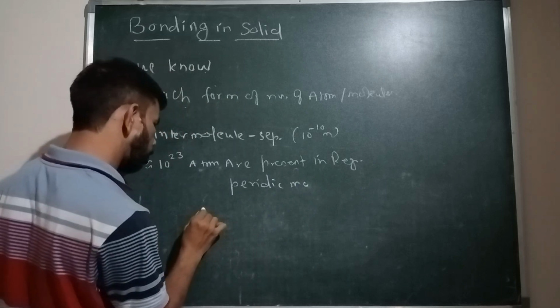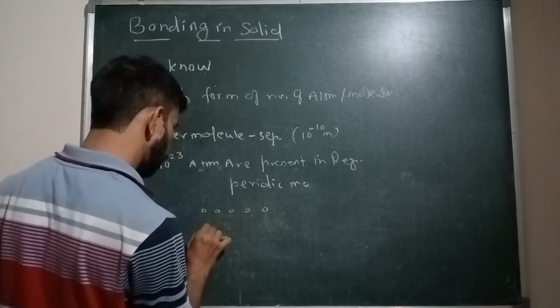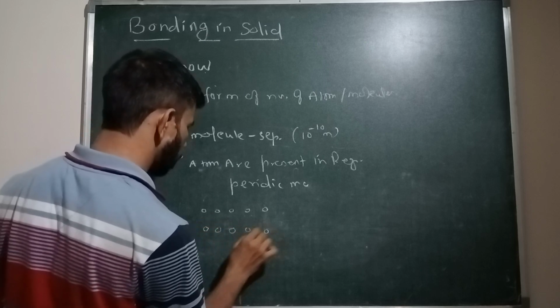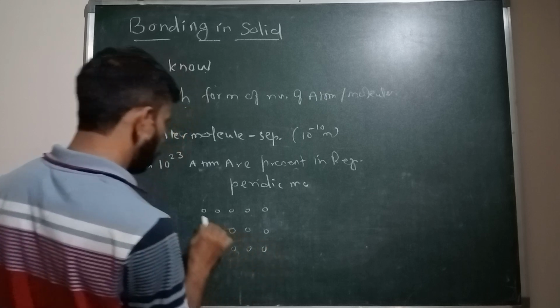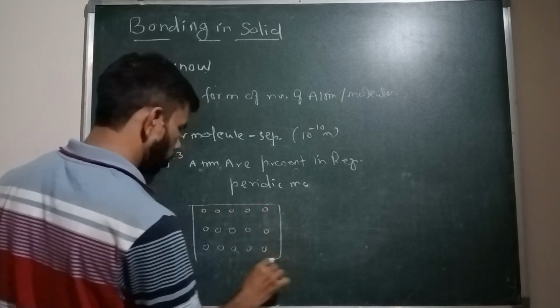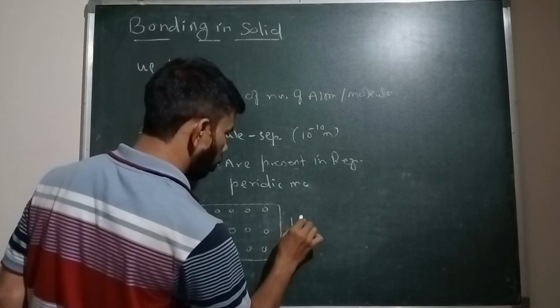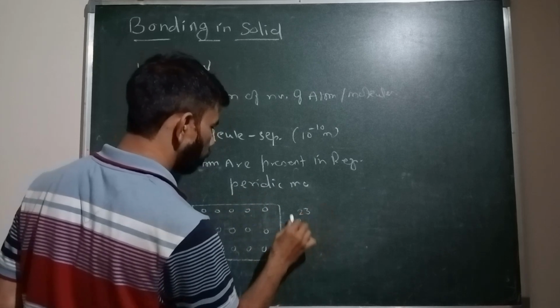It means these atoms are arranged in regular periodic manner in three-dimensional space. In an atomic substance, about 10 raised to power 23 atoms per gram are present.